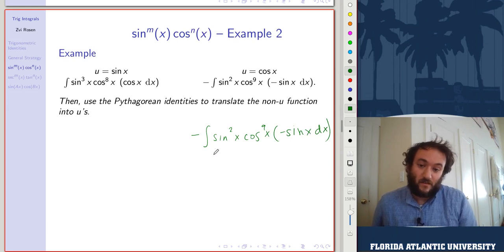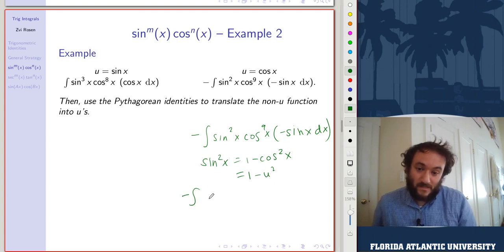We just have sine squared x equals 1 minus cosine squared x, which is 1 minus u squared. And we're left with minus the integral of 1 minus u squared times u to the 9th du, which is minus the integral of u to the 9th minus u to the 11th du.